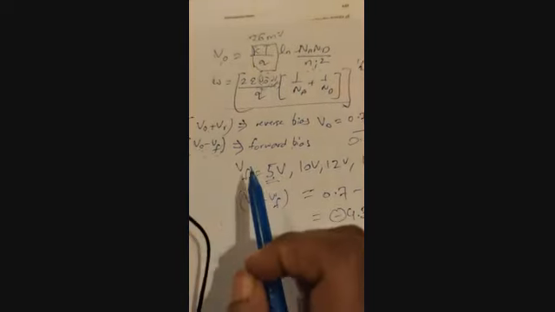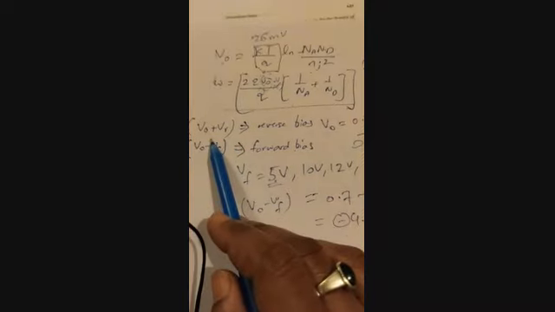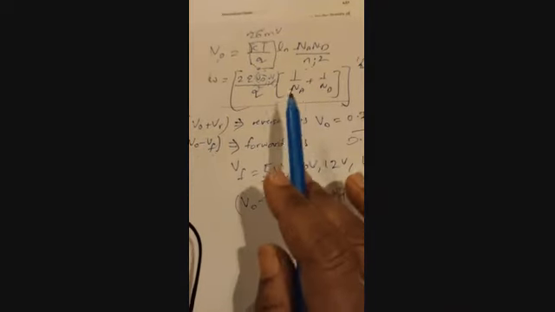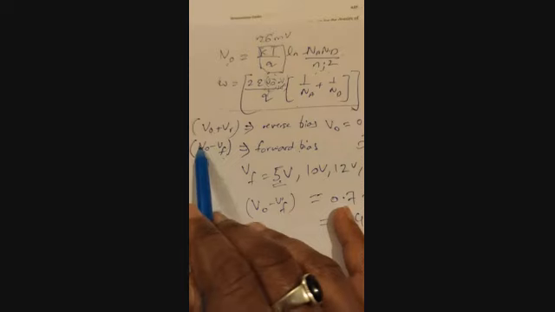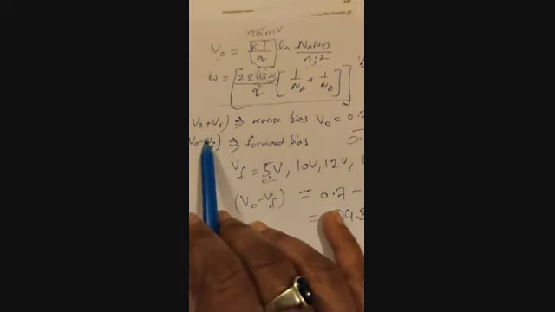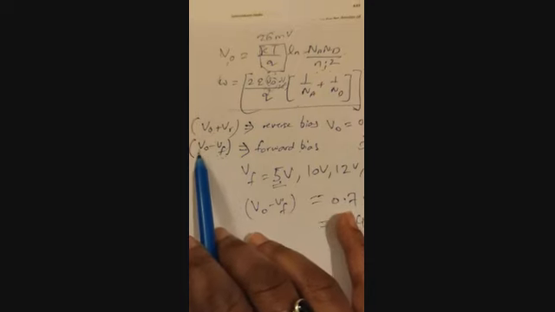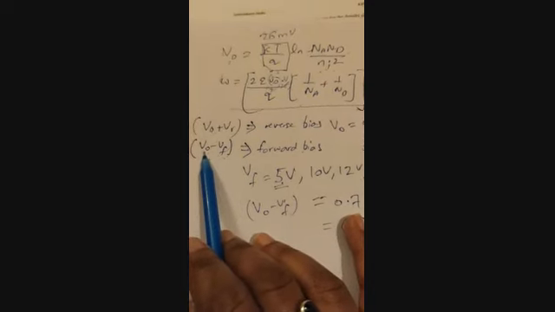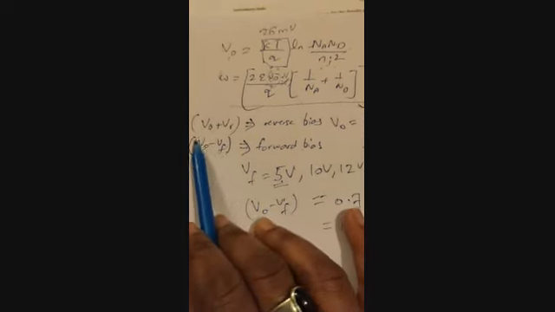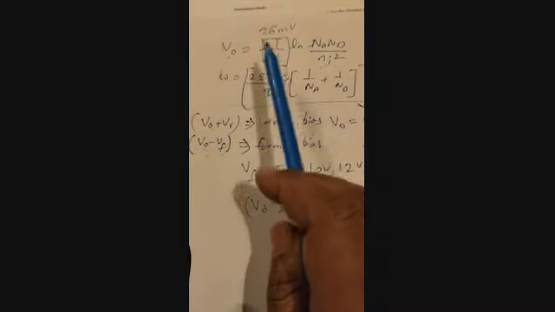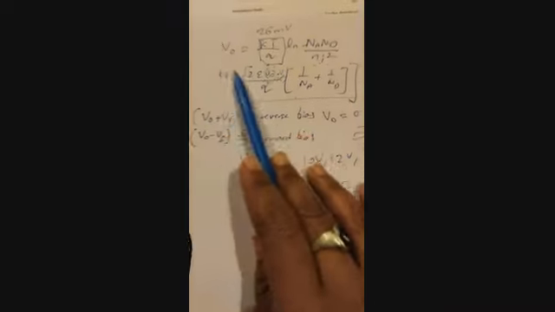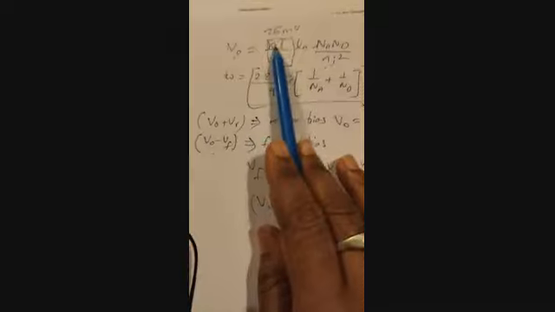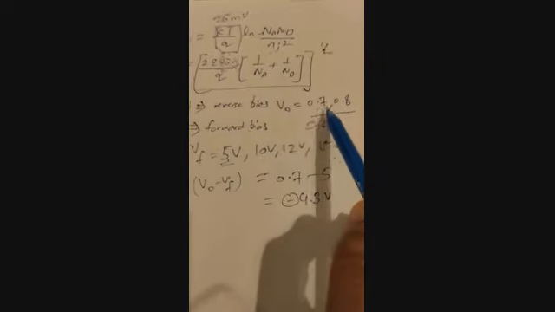You can see here, as I have told you, that the net electric field has to be in the direction of E naught, and Vf is the applied voltage. So V naught should be larger, but the value of V naught calculated from this expression is near about 0.7.